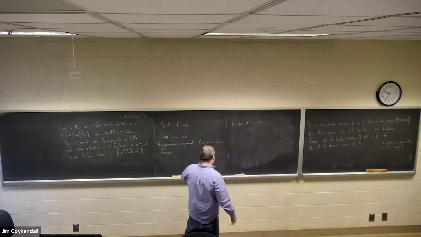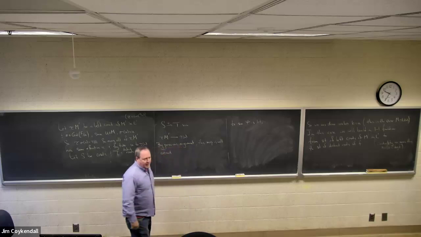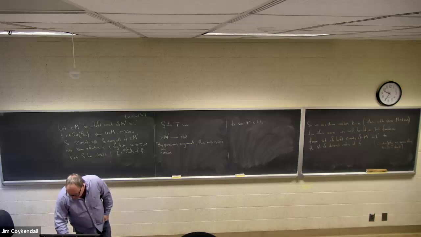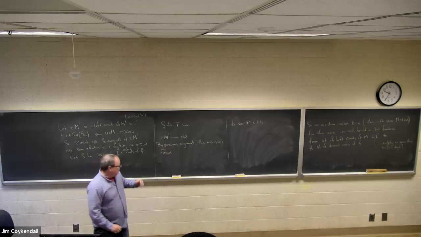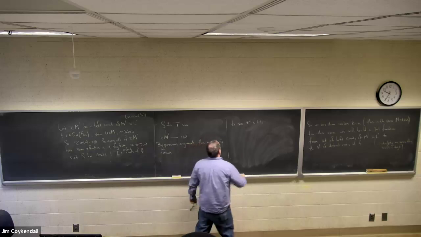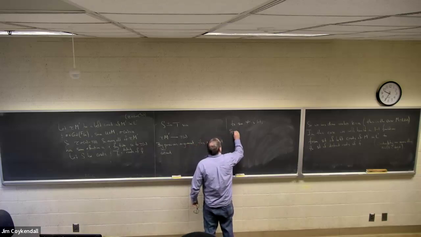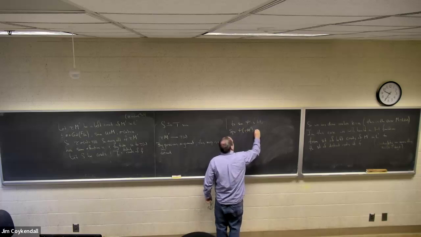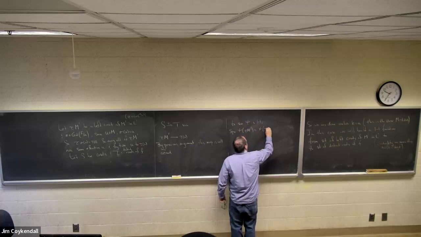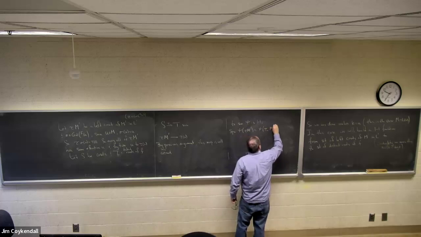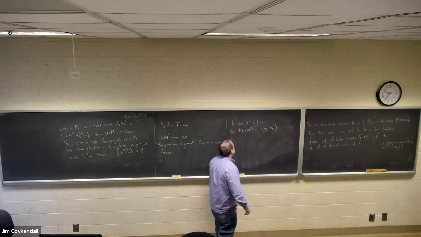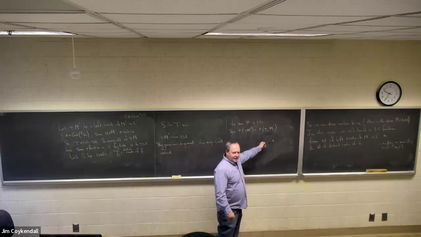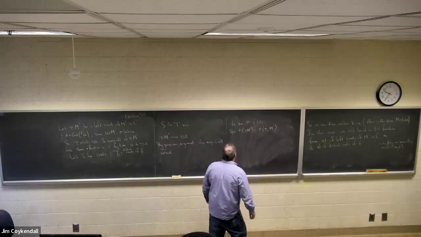We'll show this is one to one. Now, of course, remember, this is a map of sets, so I can't do anything with kernels or anything like that, but what I can do is suppose that I have this coset and that coset going to the same place.